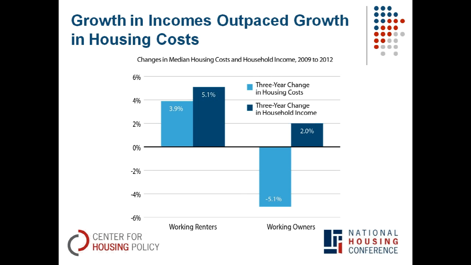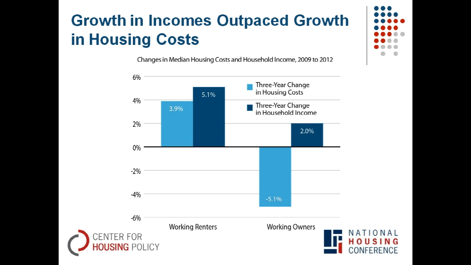And in the dark blue, you see the change in median household income over the course of 3 years. If you look first at working renters, what you'll see is that household incomes increased a little over 5% over that 3-year period, just a little bit more than their housing costs increased, almost 4% between 2009 and 2012.